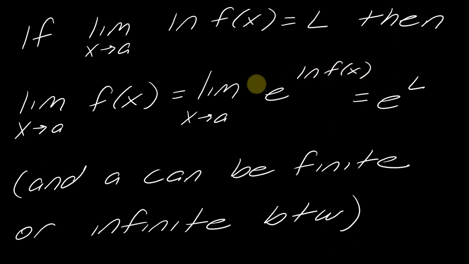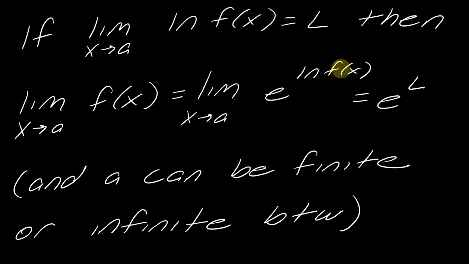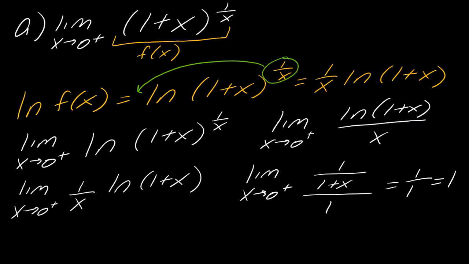This is what we were just doing. We actually calculated this limit here. So these two limits are equivalent to one another, as I said, by using this little property here. You might have to take a second to stare at this to get it to click. But then by doing this, my limit will just be e to the L. So now we're going to leverage that property. So let me clear some space.